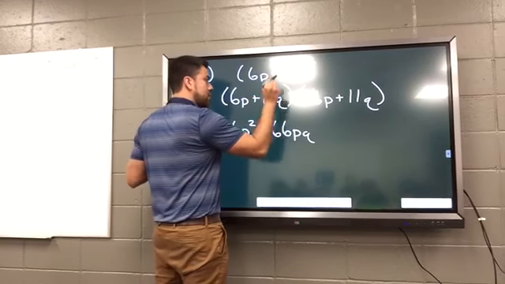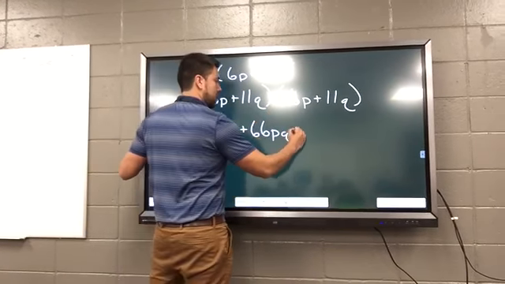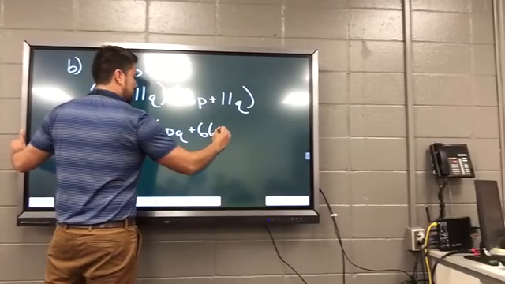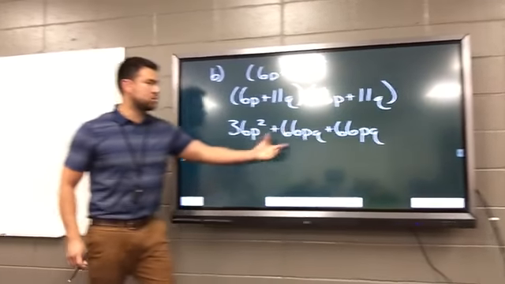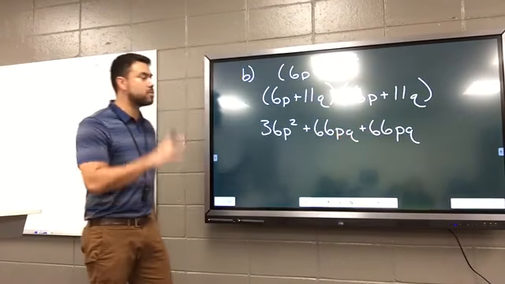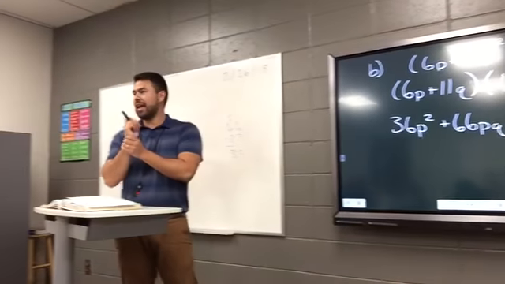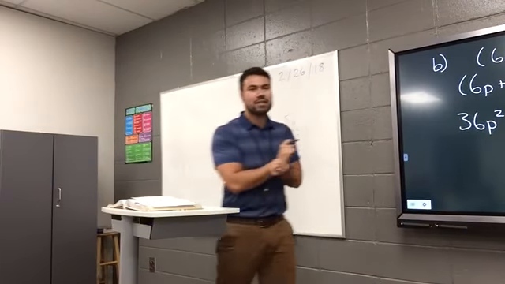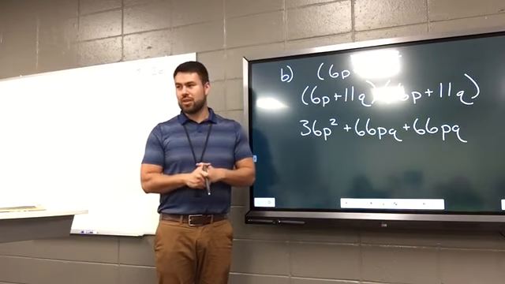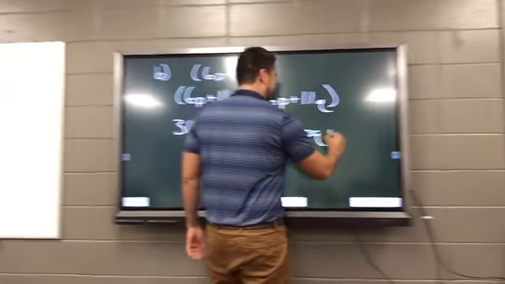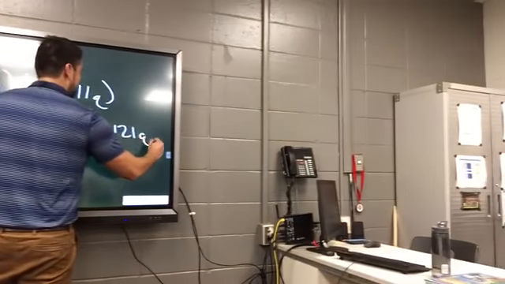And what is 11q times 6p? I'm going to put PQ, but you could say QP, just to make sure that we are not lost with the like terms, but you could still write QP. And Jenna, what are the last terms? 11q. And what's 11q times 11q? 121q squared.